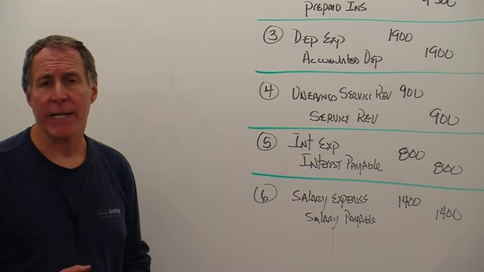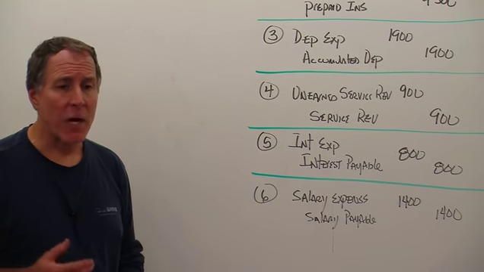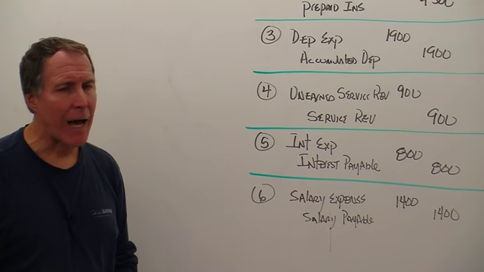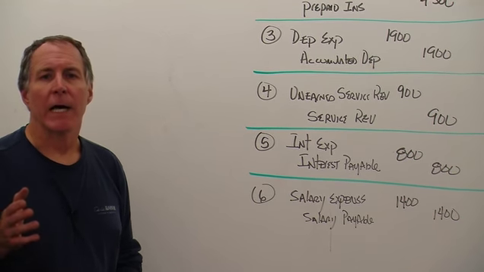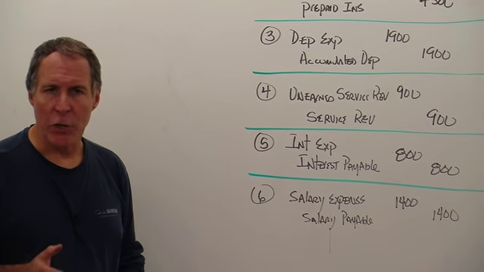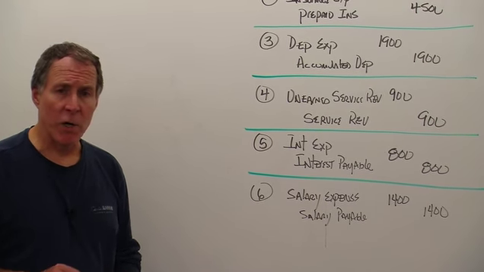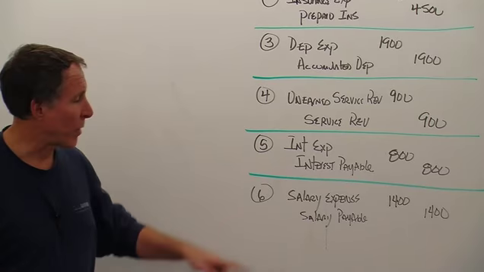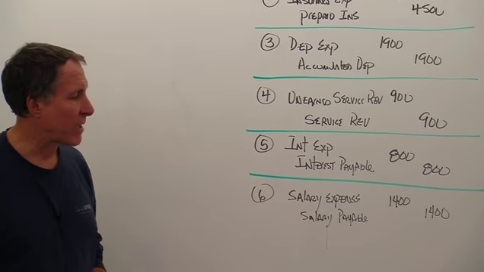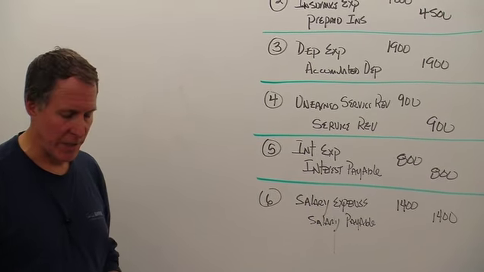They pay you on Friday like they normally do. But on their books, they have to book out that for the year that you're looking at here, in this particular case, 19XX, you've actually worked for them and they've incurred salaries. So we're going to debit salaries expense and credit salaries payable for $1,400.